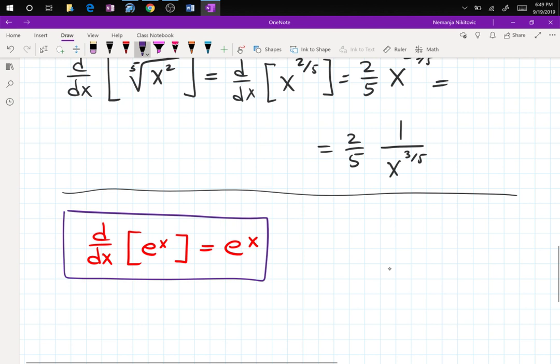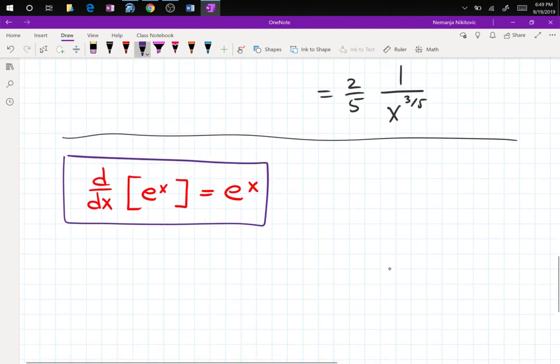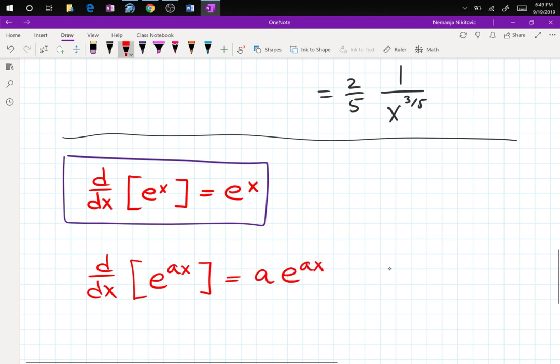Now, being that that's not that interesting, we're going to have an upgraded version, which is the derivative of e to the ax, and the answer is a e to the ax.